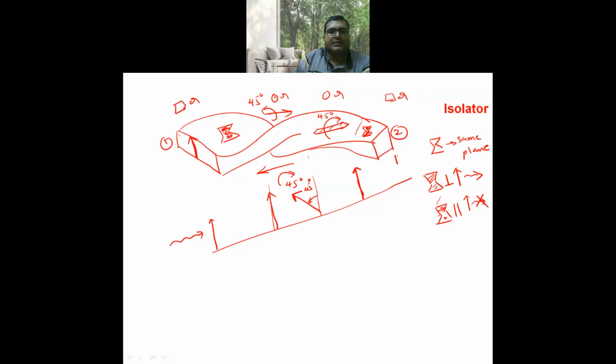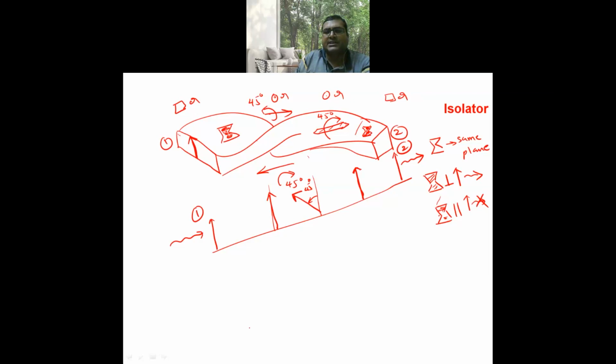So the electromagnetic wave will come out of the rectangular waveguide with minimum attenuation, and that is how an isolator offers minimum attenuation from port 1 to port 2.